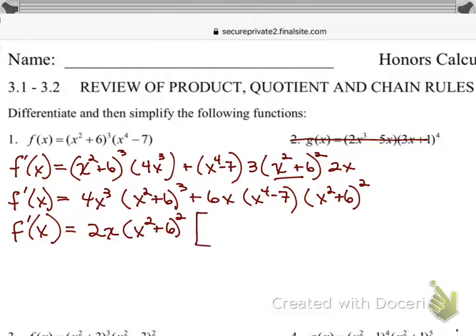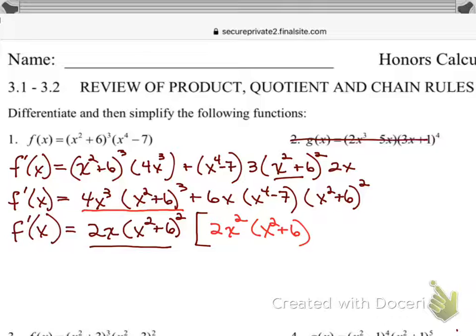Now let's get back what we need. I have this, and I need this. So I'm going to multiply by 2 and an x squared. And I need one of these, just one.